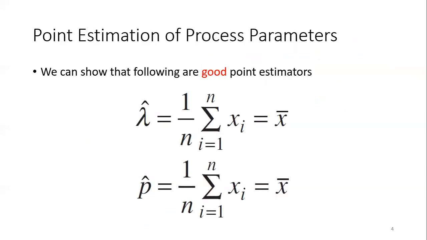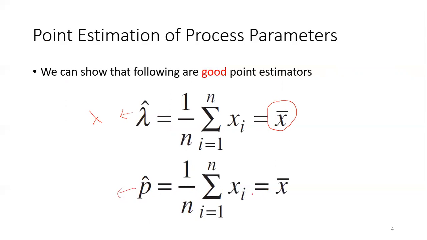So for example, lambda hat is the estimator of lambda. You can show that lambda hat, which is the average of the observations, that is equal to x bar, is a good estimator of lambda. Or p hat: p is the probability of success in a binomial distribution.